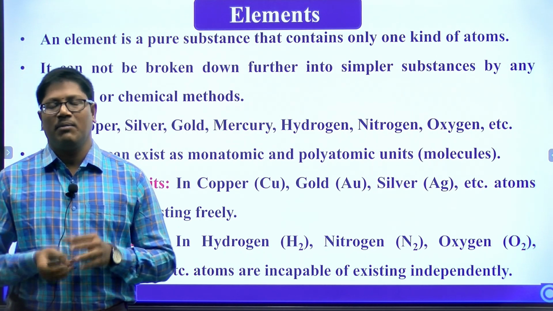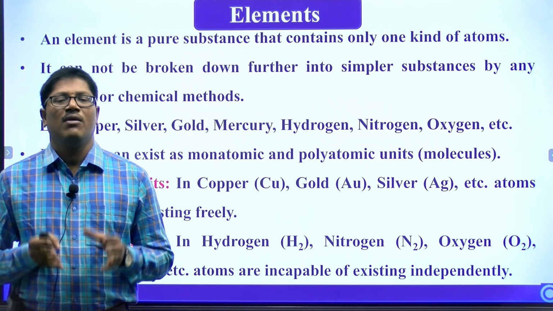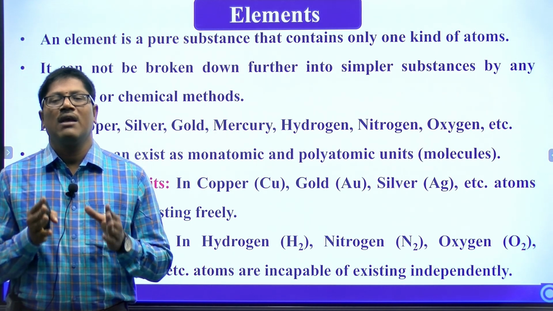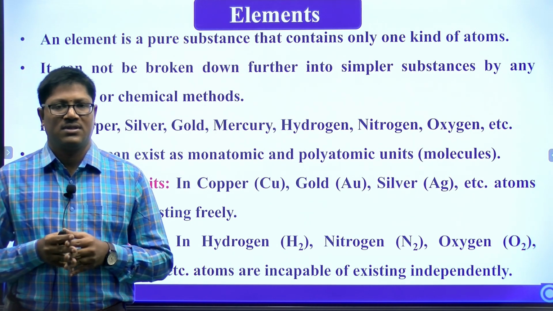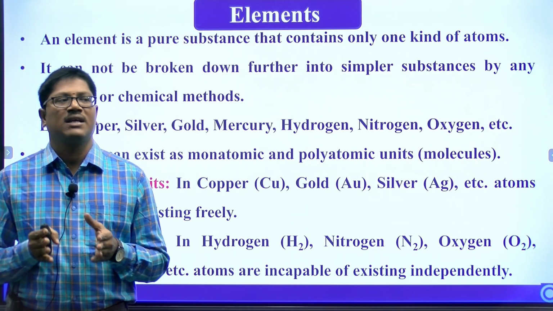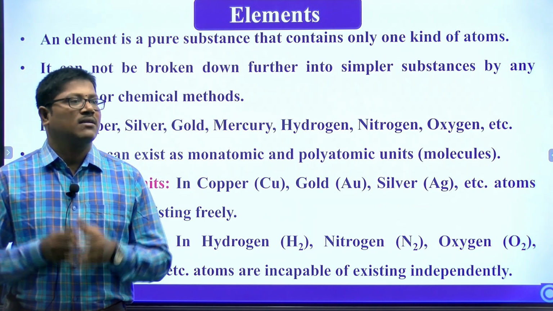What is an element? An element is a pure substance which is made up of only one kind of atoms. Or you can say an atom is the smallest constituent particle present in matter.